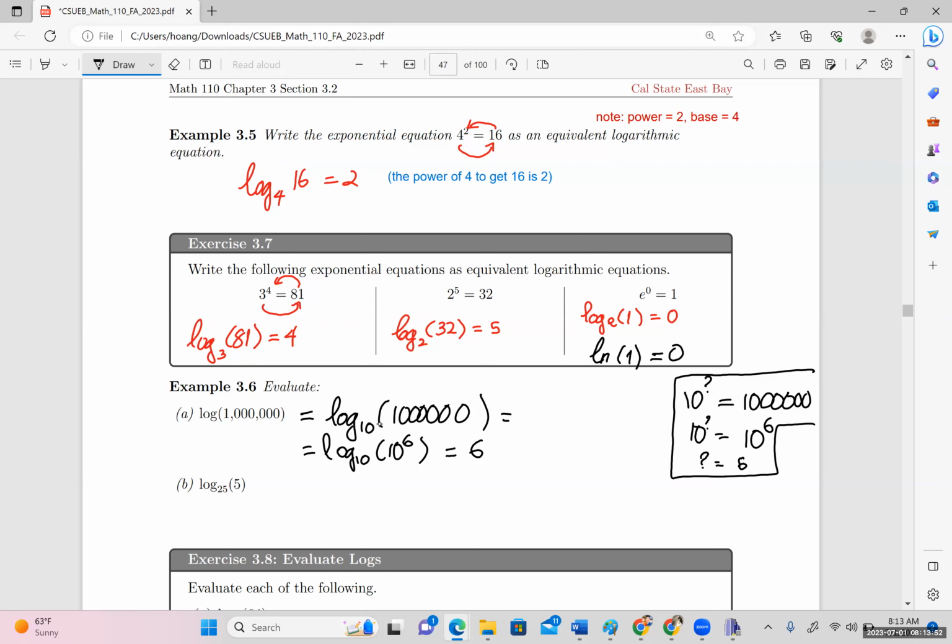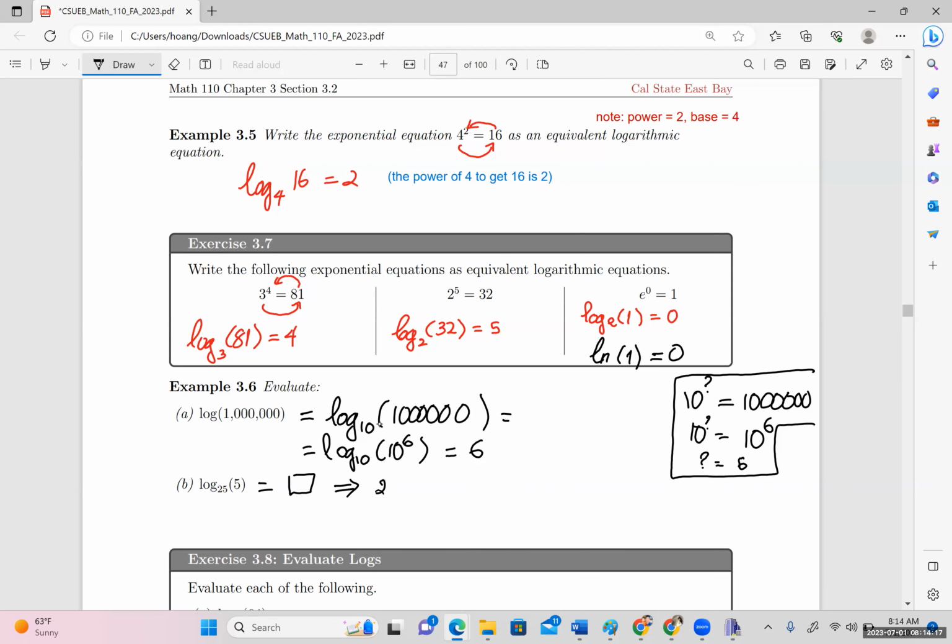Okay. What about log base 25 of 5? Let's make a box here and convert it into exponential form.